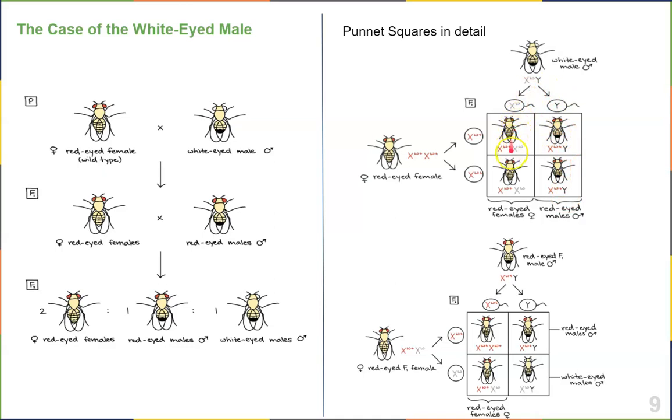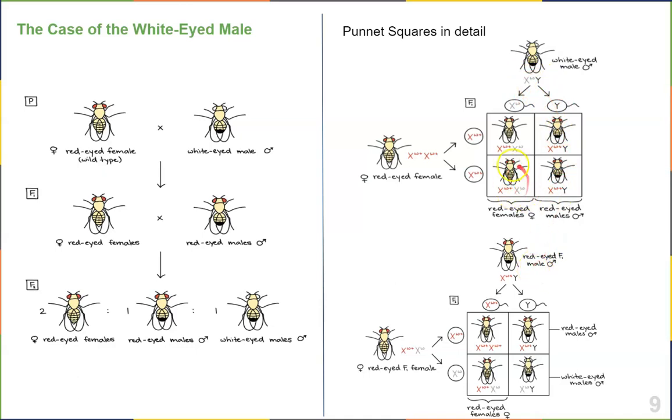So these females, though, are going to have one X from mom, which has the red color, but then they also get that X from dad that has that white color. So they're going to be heterozygotes, the females, with that dominant red and that recessive white, whereas the males can only be one or the other. They can only be a dominant red or a recessive white, which didn't show up here.